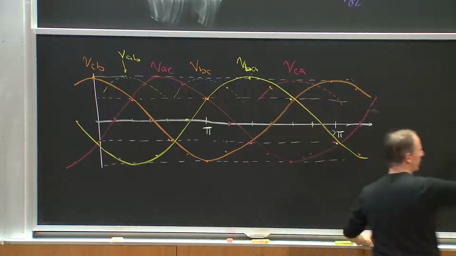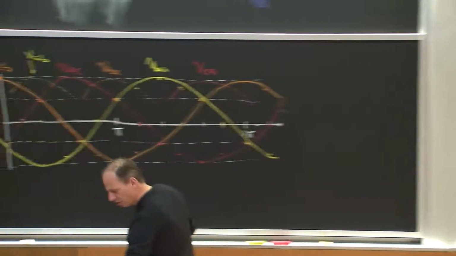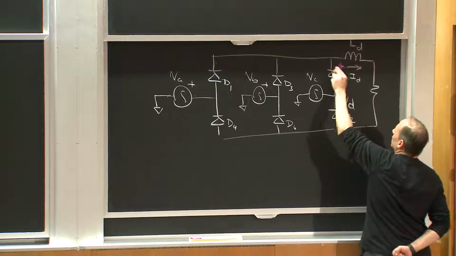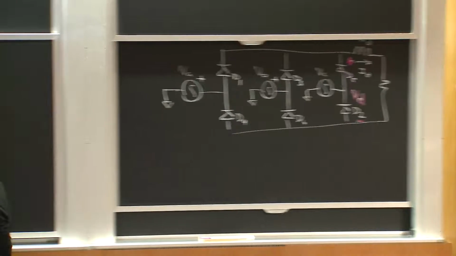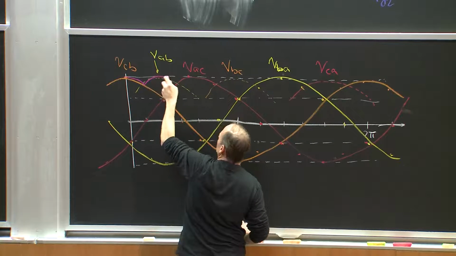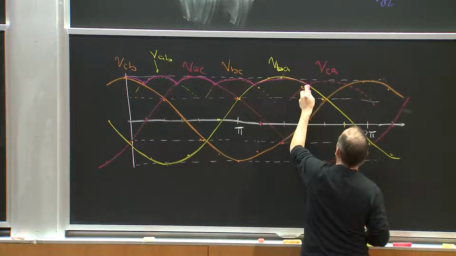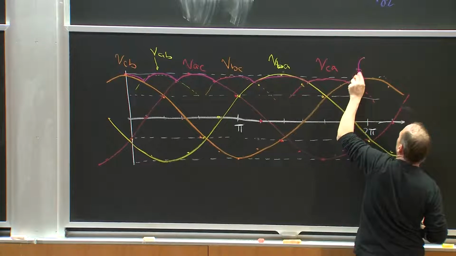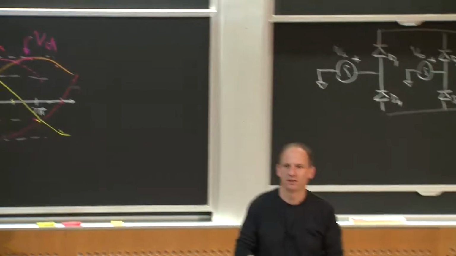And what this rectifier is going to do, if I wanted to now get VD, this voltage VD is going to just be the maximum of all the line-to-lines and their negatives. So it's going to do something like this. And here's out to 2 pi. So this is VD. Okay? Does that make sense to everybody?